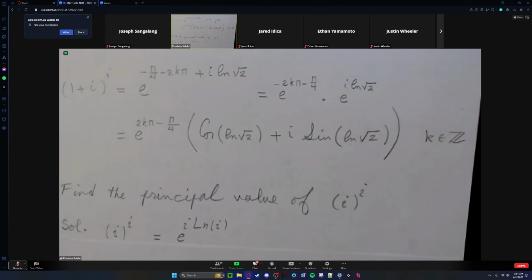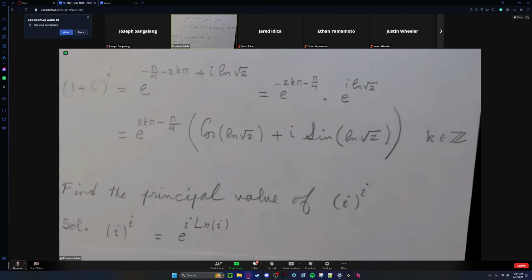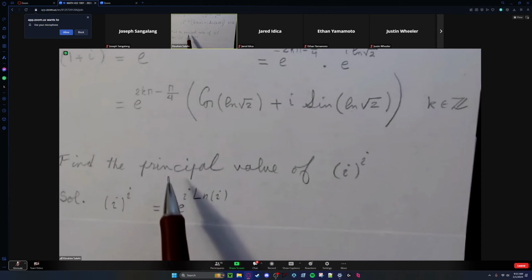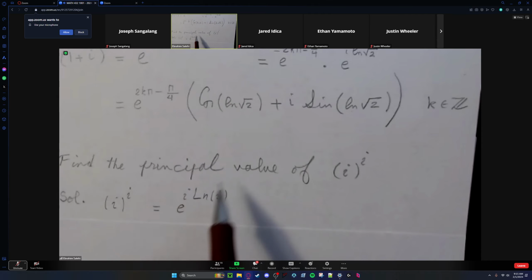All right, to begin with, a complex number to the power of another complex number is e to the i times the logarithm of i. Now here I am putting the principal value.